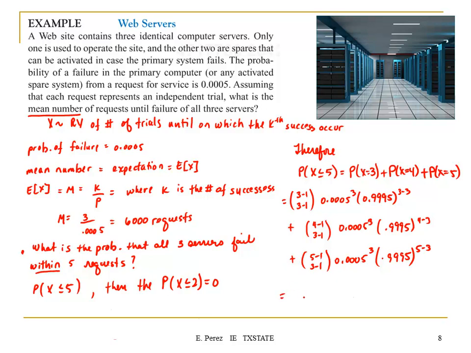And once you solve that, this is equal to 1.249 times 10 to the minus 9.